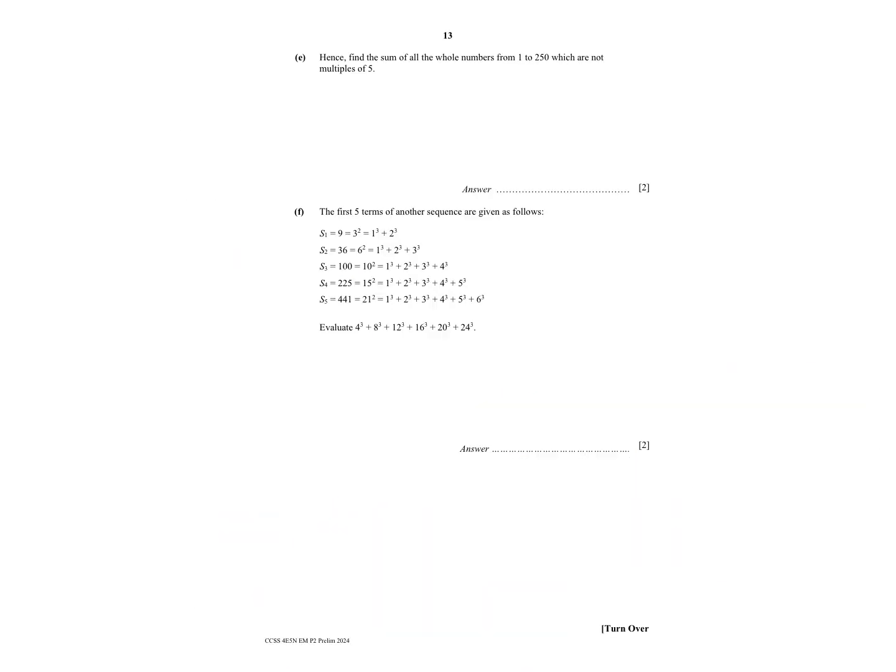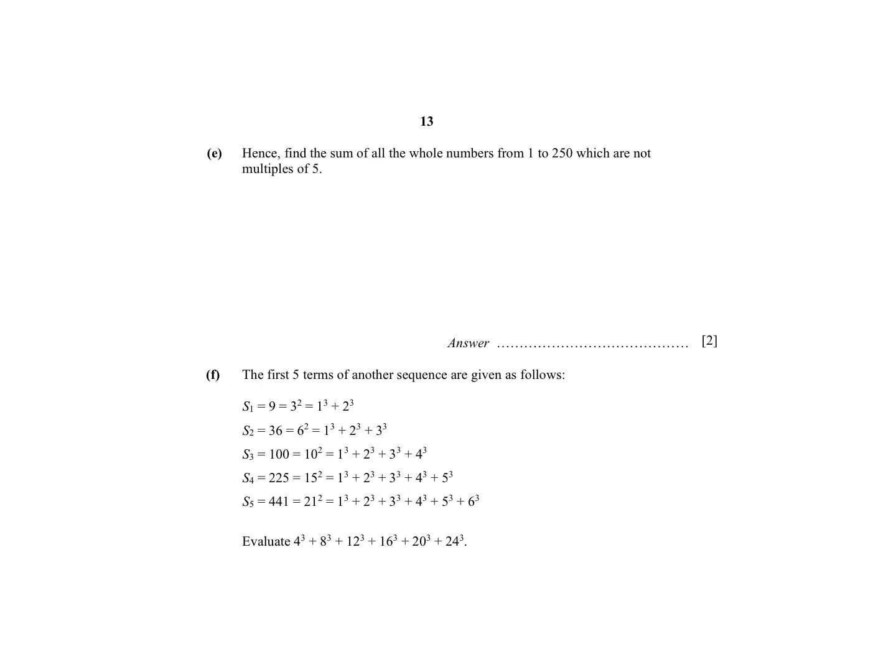Okay, next part. Hence, find the sum of all the whole numbers from 1 to 250 which are not multiples of 5. What do they mean? Basically they're asking me to add all the numbers, but excluding those that are multiples of 5.